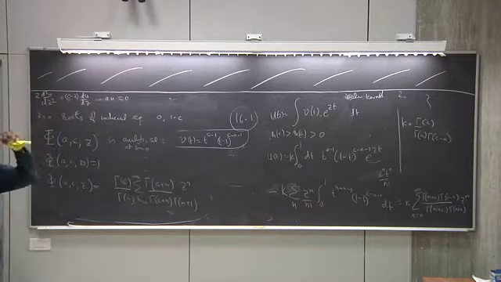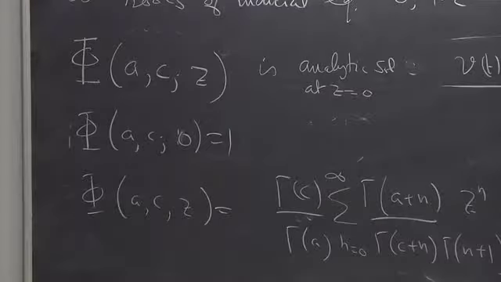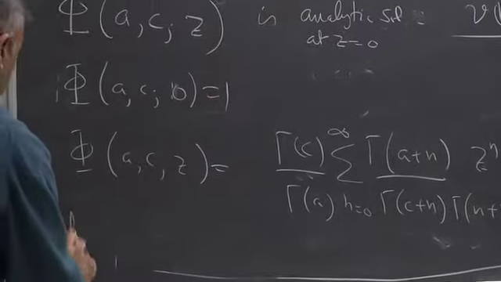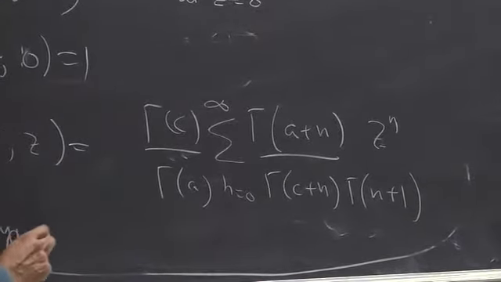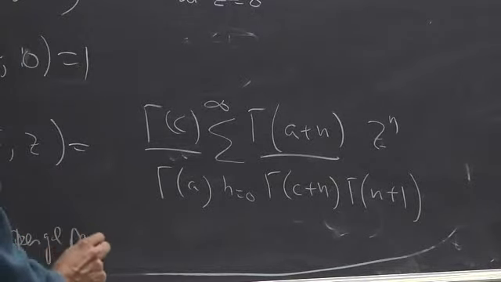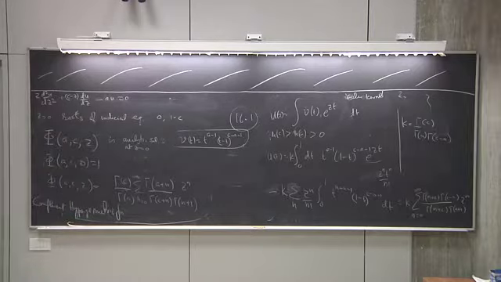This is what is called the confluent hypergeometric function. This is the confluent hypergeometric function. This symbol. Okay.